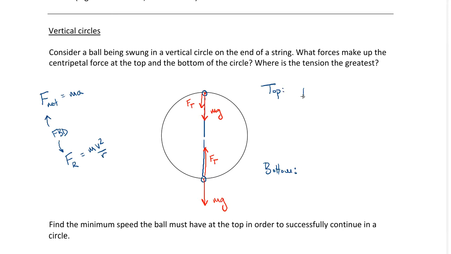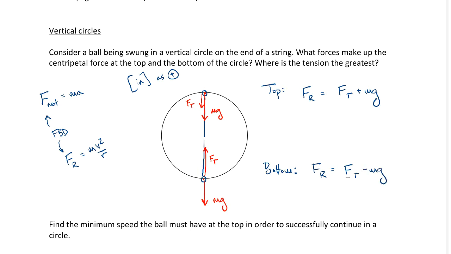So our centripetal force is equal to the sum of all of the forces along the radius pointing in towards the center of the circle. So we use in towards the center of the circle as our positive direction. So the centripetal force at the top is going to be equal to the force of tension plus the weight, whereas the centripetal force at the bottom is going to be equal to the force of tension minus the weight.